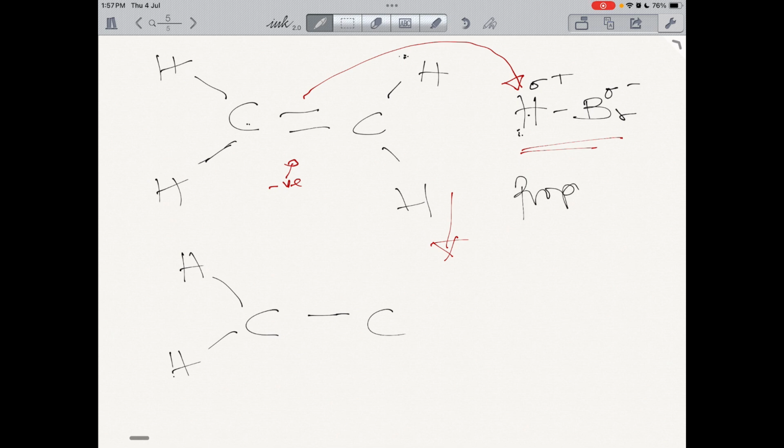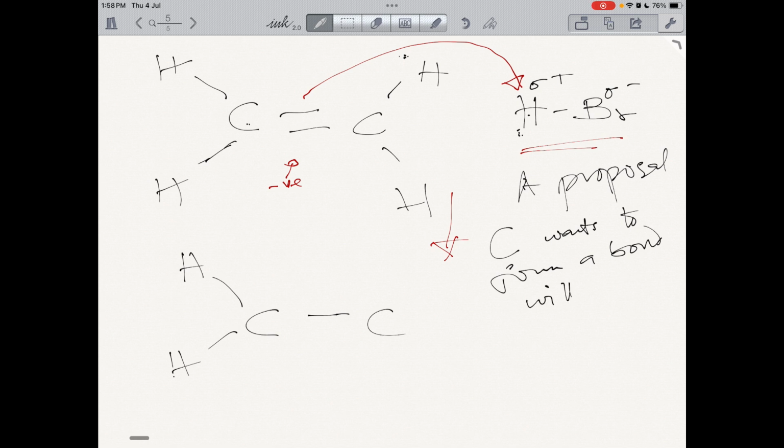So the carbon wants to form a bond with hydrogen. What you now have as an outcome is the hydrogen coming here.